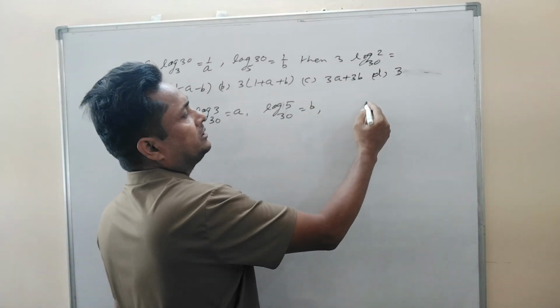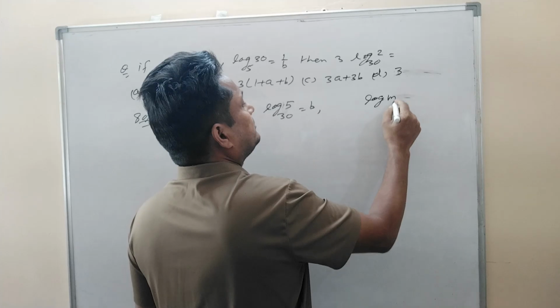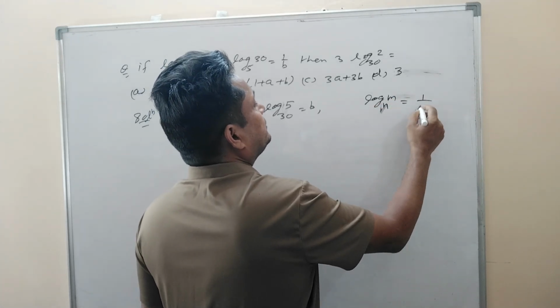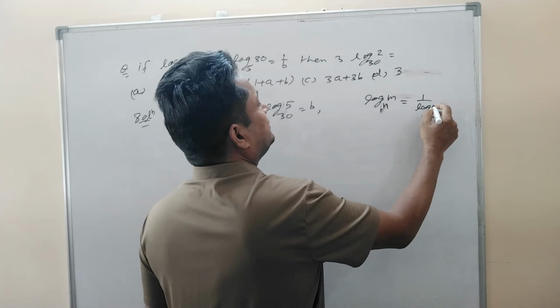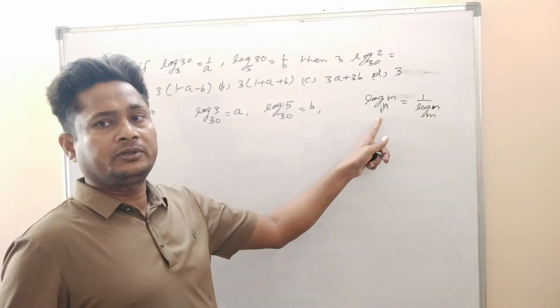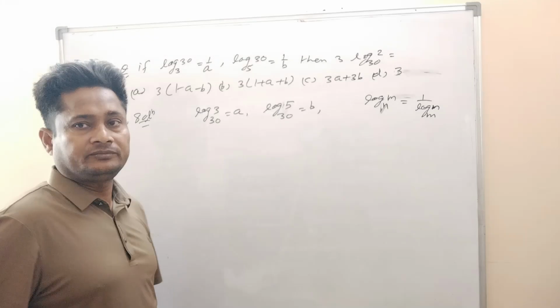What is the property? Log of m base n can be written as 1 by log n base m. By using this property, we can write this.